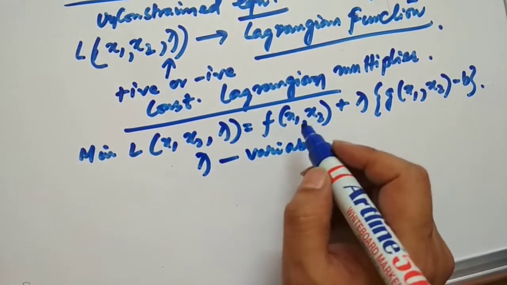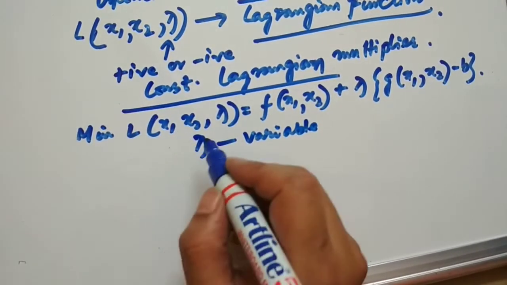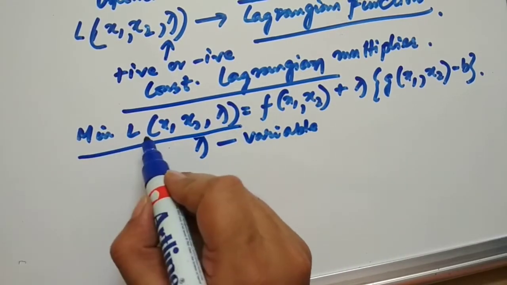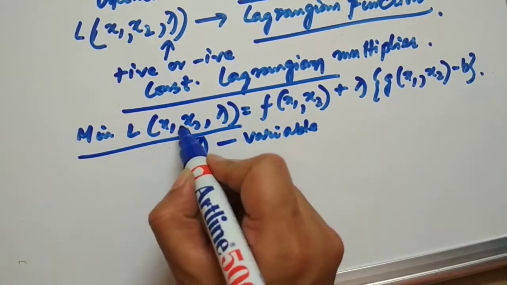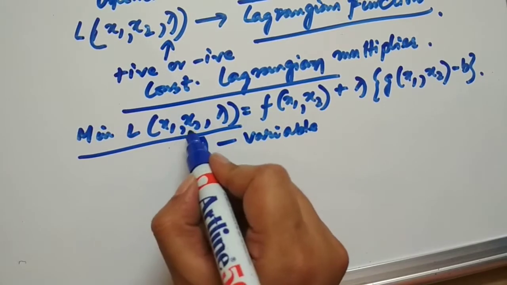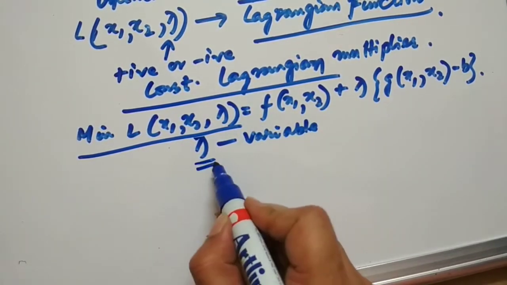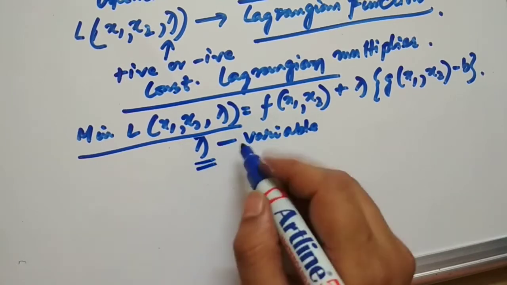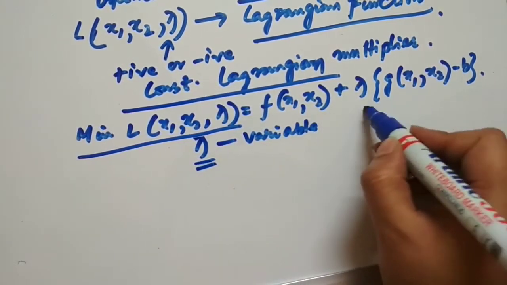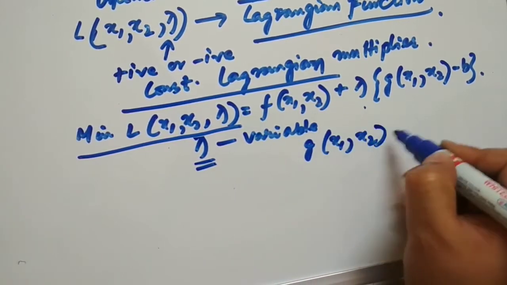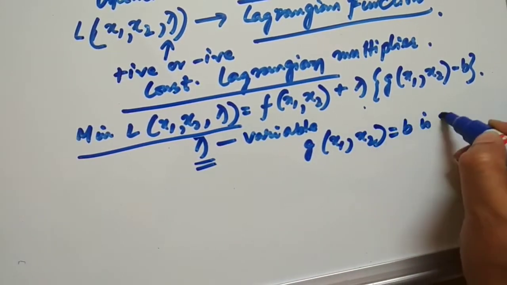Okay, finding the unconstrained minimum of L, which is L of x1 comma x2 comma lambda, and adjusting this lambda so that this one, g of x1 comma x2 equal to b, is satisfied.